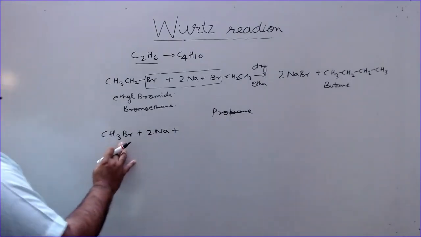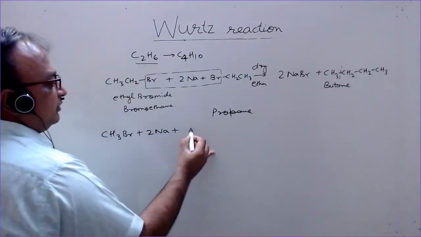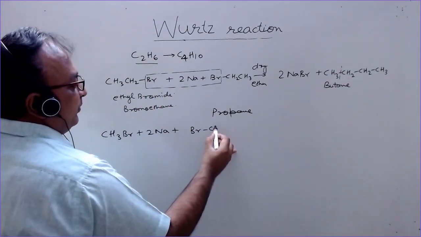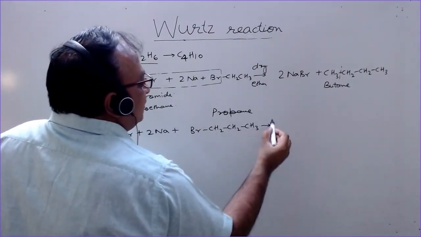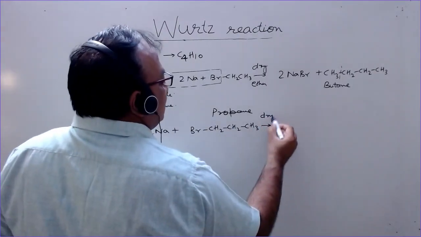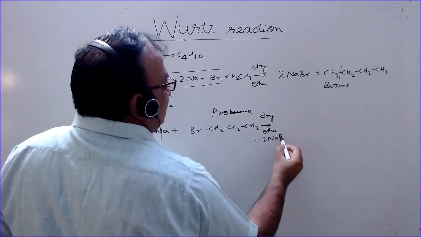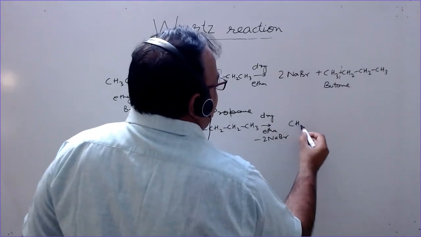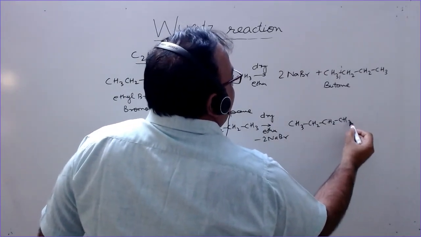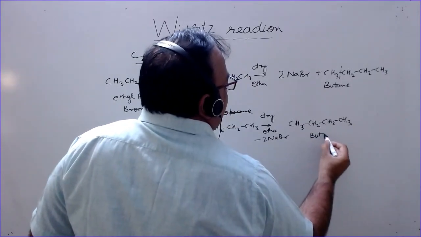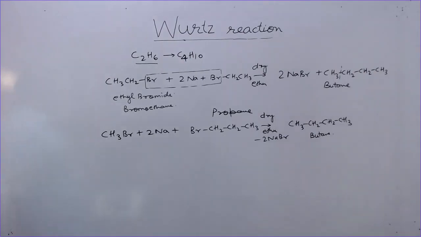And to make propane, I have to take bromoethane. In presence of dry ether, minus 2 NaBr, this is eliminated, and I will get propane. So it seems that it can be easily done, but it is not so.